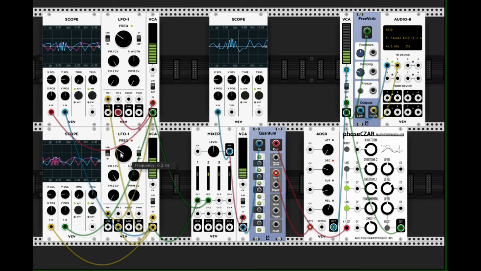and increase the frequency of LFO2 here down to 0.5 at first. And then to 1 Hertz.